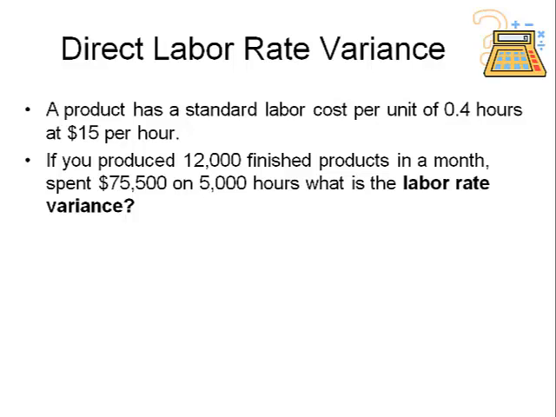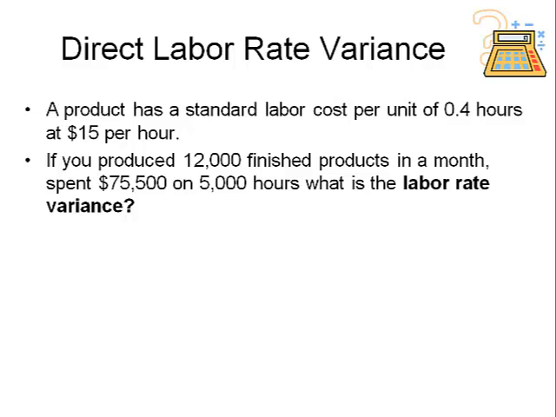So for the rate variance, we should compare what we did spend, $75,500, with what we should have spent, which was $15 an hour. So we have to convert that 75.5 into what is that per hour. And so we would divide that out and figure whether we paid more or less than the $15 an hour.